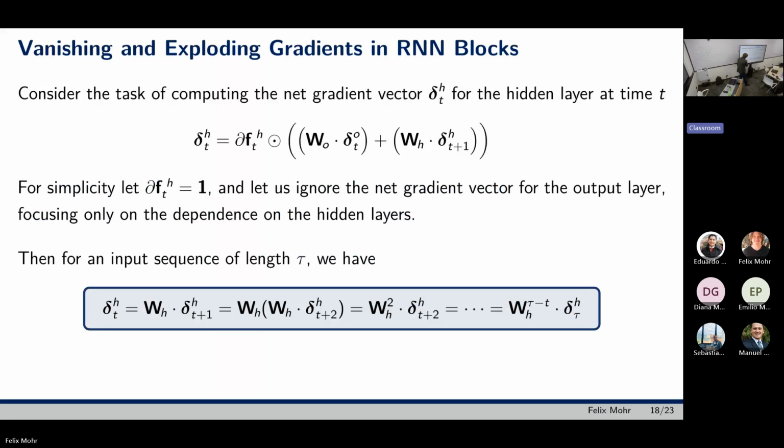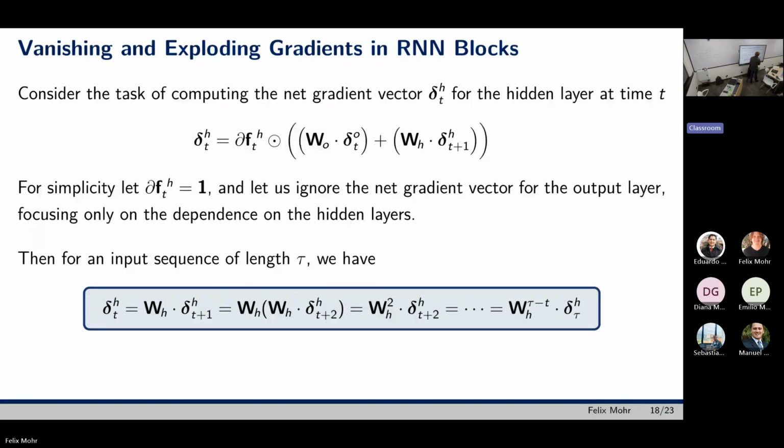But then I can recursively apply this formula again. So I have WH times delta HT plus 2, and then I replace this in the same way, and so on. So I multiply this weight matrix, WH, how often? As often as the length of my sequence, which is tau.